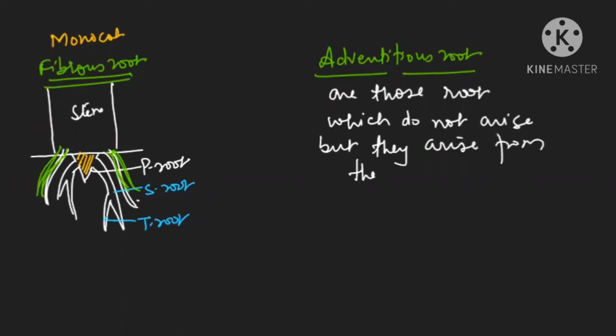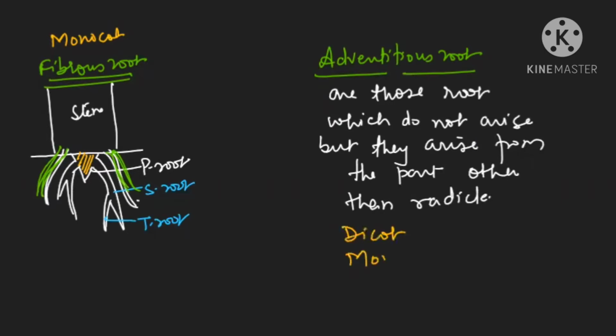Just like we see in the banyan tree, the hanging roots which are coming from the shoot system. So these are known as adventitious roots. And as a result, adventitious roots will be made by both dicot plants as well as monocot plants. So both types of plants will be making adventitious roots.